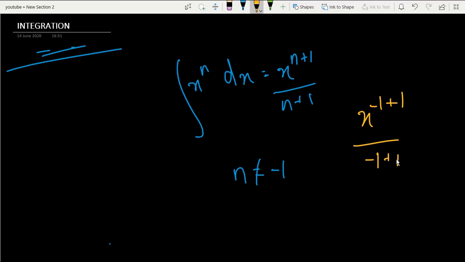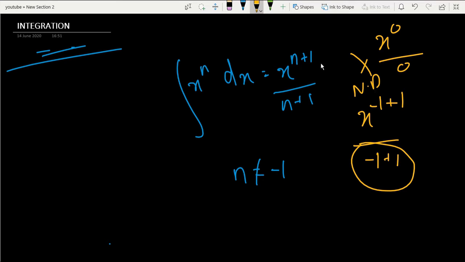So there is 0 in the denominator, that means x raised to 0 by 0, which is not defined in maths. If there is 0 in the denominator, it is not defined in maths. It's infinite or something, it's not defined. So this is not possible. n can never be minus 1. Remember this.